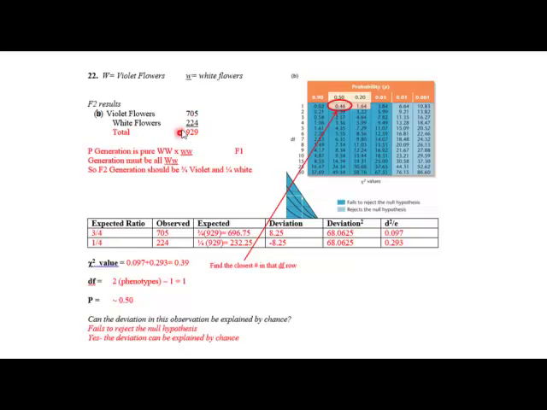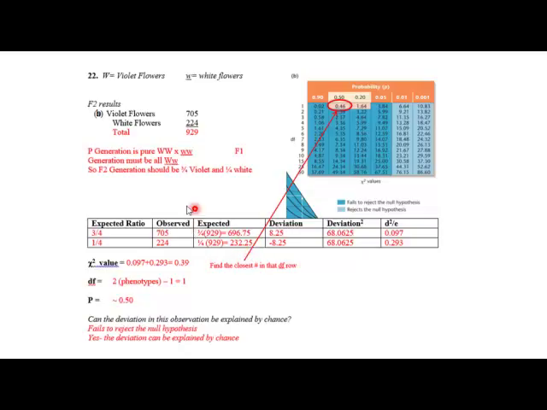That's 929 flowers. When you multiply that by the expected ratio of 3/4, you get 696.75. And that's your expected amount of dominant or violet flowers. We take 1/4 times that total, 929, and get our expected amount, which is 232.25.